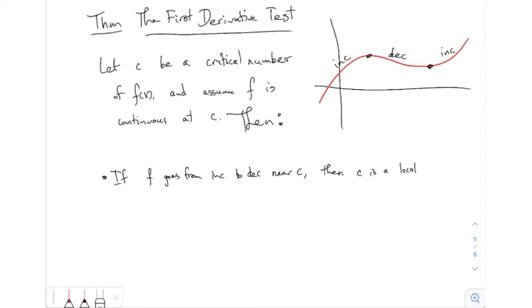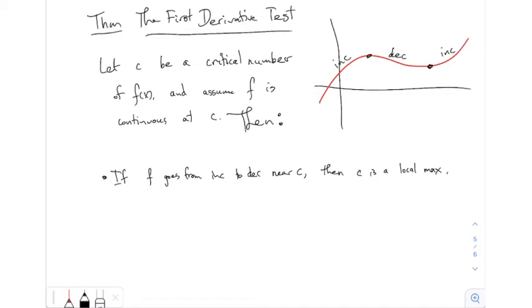You can see on the picture here, near this point, it goes from increasing to decreasing. That means that point must be a maximum, right? It increases, it goes up until it gets to that point, and then it goes back down again. That means this point must be like the top of the hill. It has to be a local maximum. So if f goes from increasing to decreasing near C, then C is a local maximum, all right?